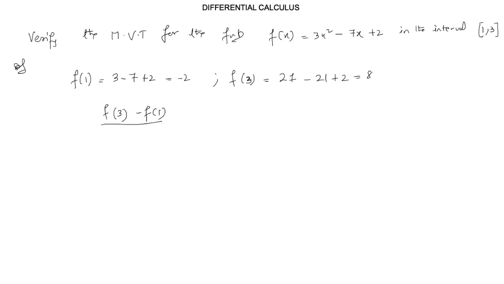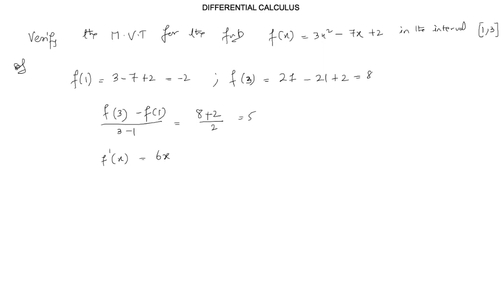So f of 3 minus f of 1 divided by 3 minus 1 is 8 plus 2 divided by 2, which is 5.